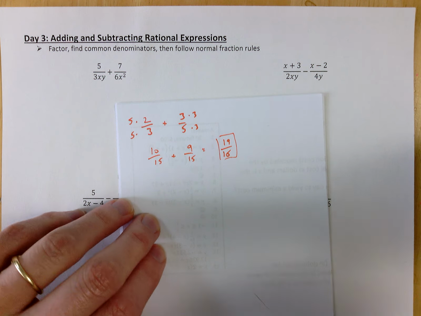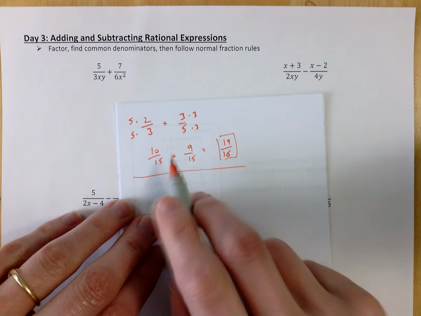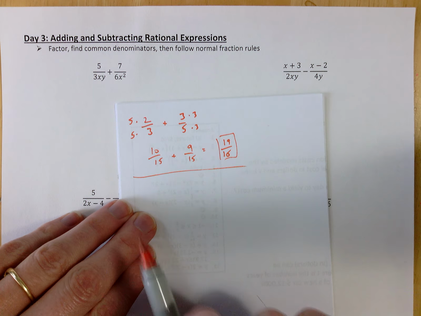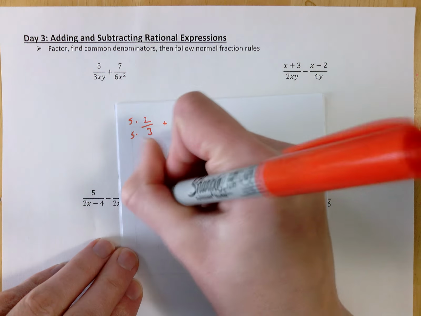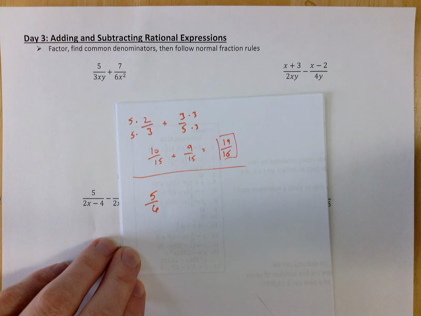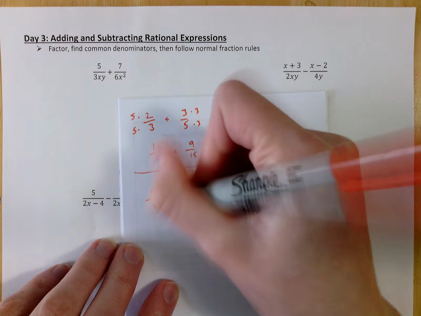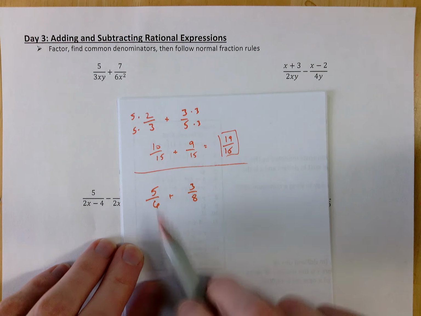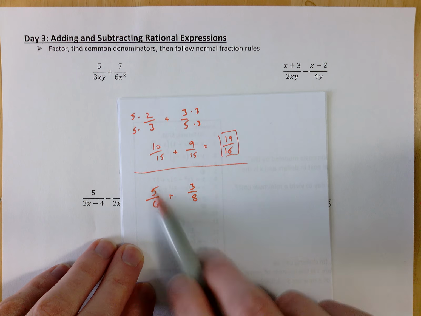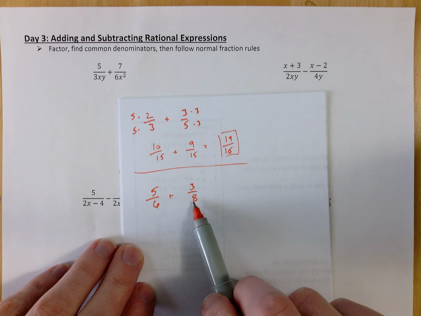Also remember though, in this particular one we just multiplied them by each other, but you don't necessarily have to do that, okay? So say we were looking at 5/6 and we wanted to add that to 3/8. I could multiply this one top and bottom by 8 and this one top and bottom by 6.